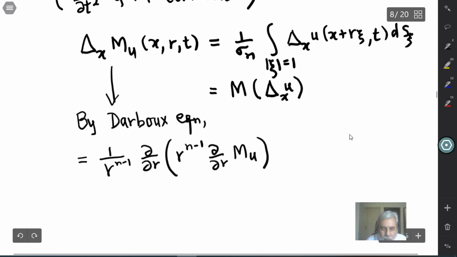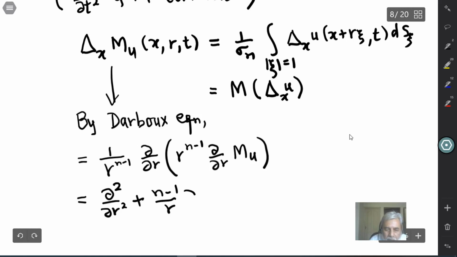If you perform the differentiation and expand it, this simplifies to del square by del r square plus n minus 1 by r del by del r, this second order operator acting on m.